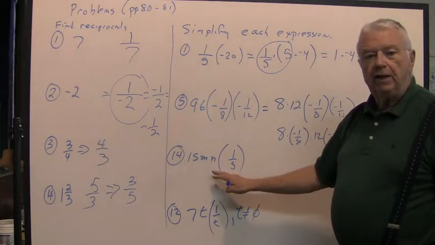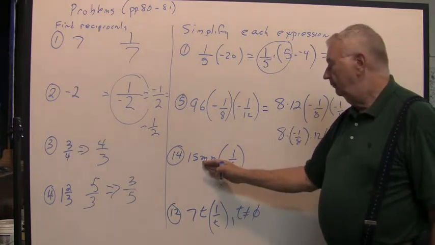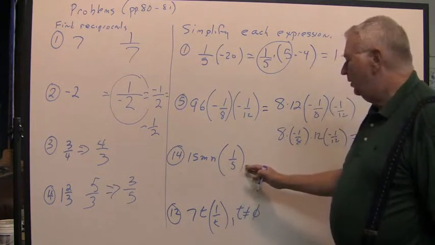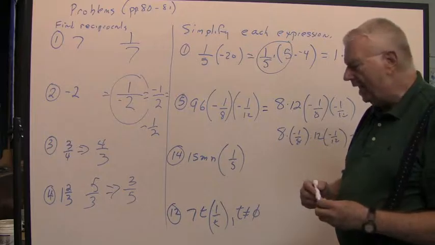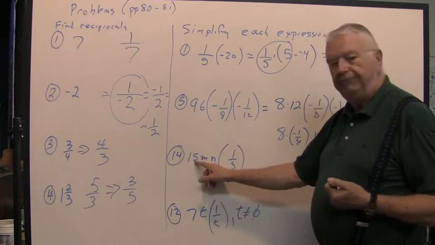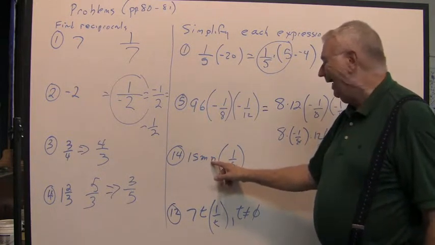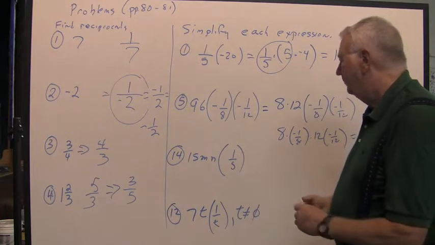In this case here, they introduce some variables, but we're still doing the same process. If you'll note, we have 15 times n times 1/5.